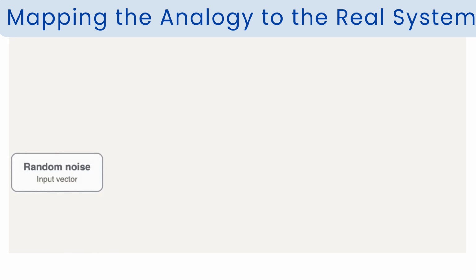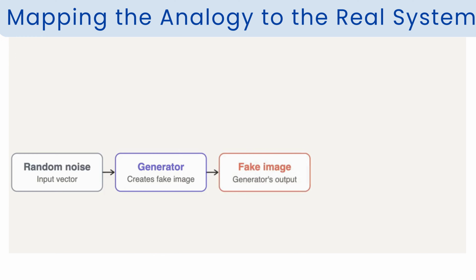Now let's connect the story to the actual GAN. The fake money maker is called the generator, and the generator's job is to create something that looks real. But where does it start? It starts with something called random noise, or we can call that a random vector z.